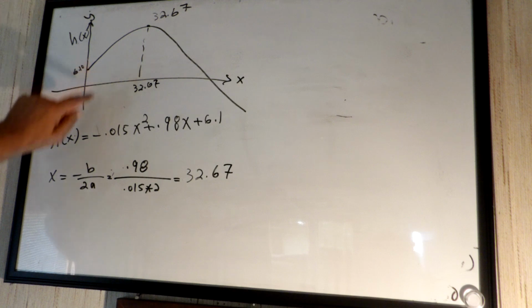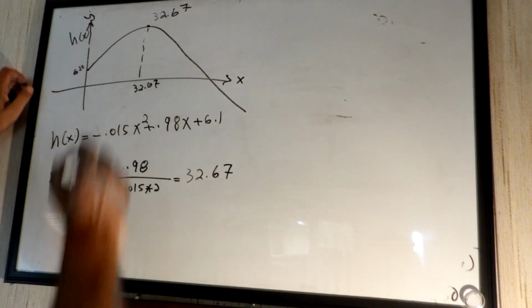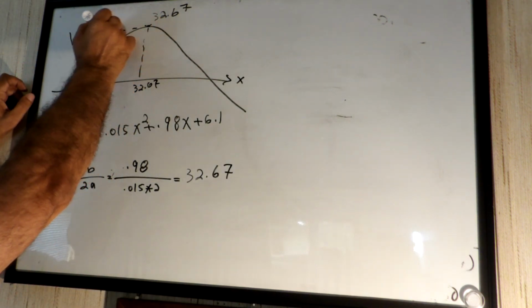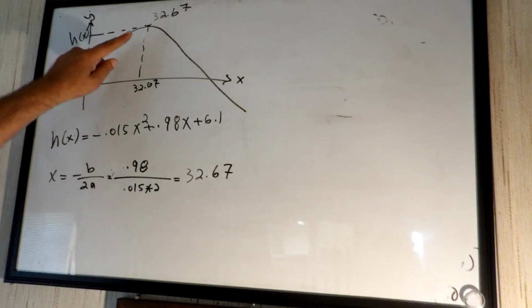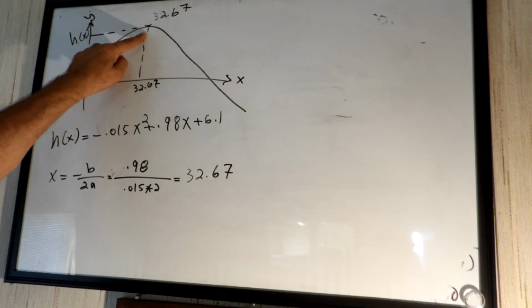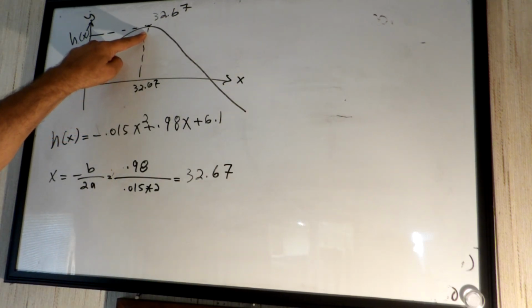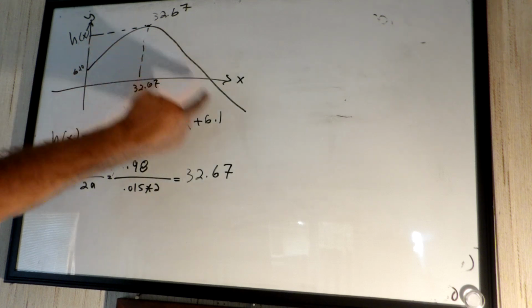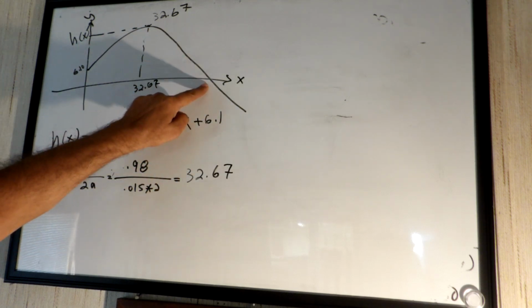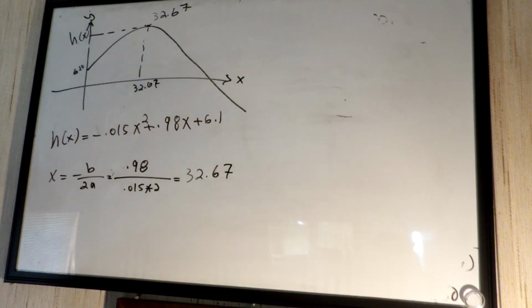And then if you want to find h of x, the height: if you throw a stone, it gets to a maximum point, the velocity is 0, and then it goes down and hits the ground.